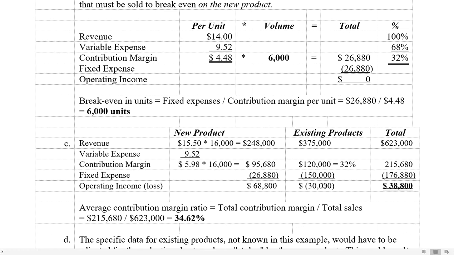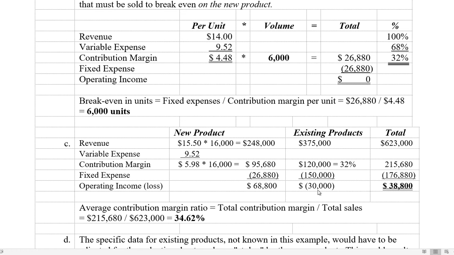Now, if you come over here and look at what you're doing already, which is existing products, you have revenue, and then we know that 32% is contribution, then we have a fixed cost of 150,000, which they give us right at the beginning as fixed expenses. So look at this. Right now, we're running an operating loss of 30,000.